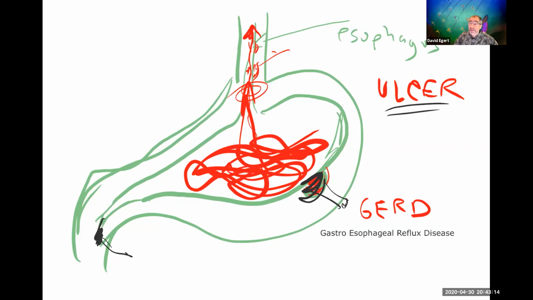They used to think it was more just like stress or something. And now they found that there's actually a bacteria that's often associated with ulcers. It's called Helicobacter pylori. It's an interesting story.